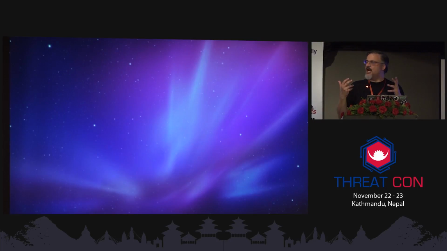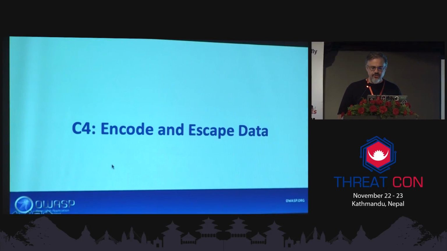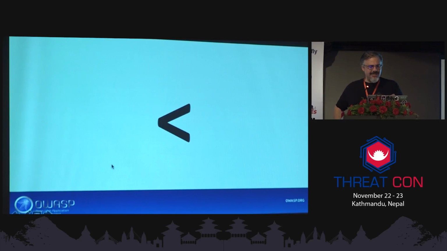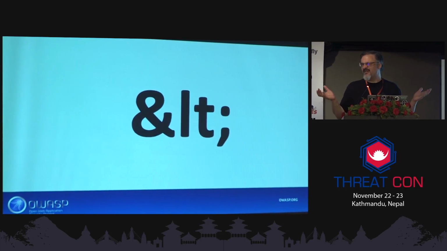When you're building a user interface in the web, if I put a character like this on the web, the browser will think this is code, and it will cause code to execute that may have come from an attacker. This is called cross-site scripting, or JavaScript, or content injection on the web.